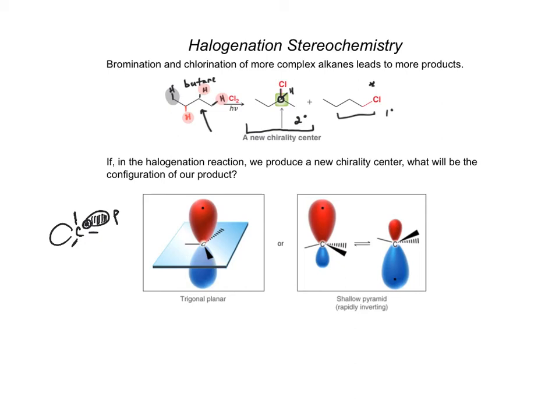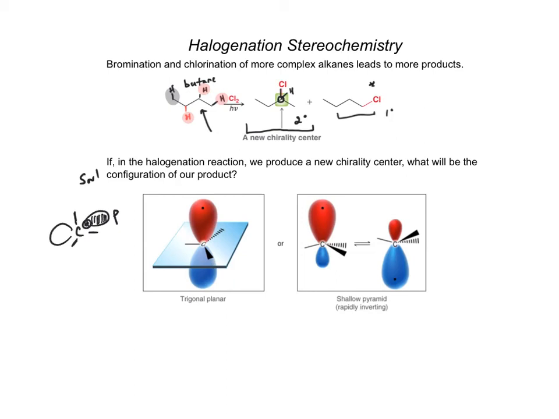And so we talked about how this carbon radical is very similar to a carbocation. It's also going to be considered essentially trigonal planar, or if it is trigonal pyramidal, it's a very shallow pyramid. Regardless, it's going to behave very much like a carbocation does in something like an SN1 reaction, right?